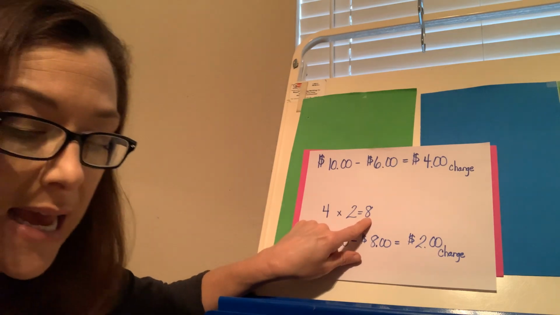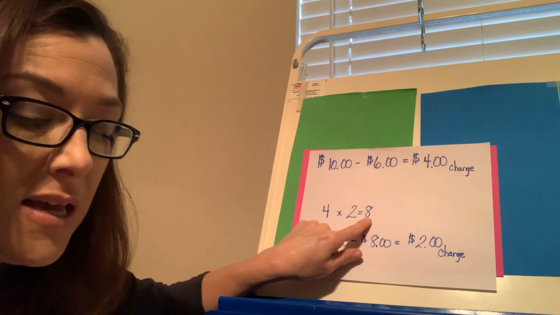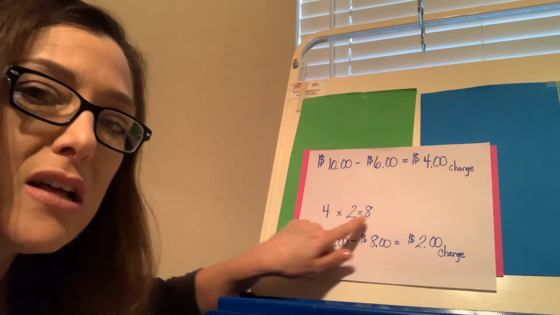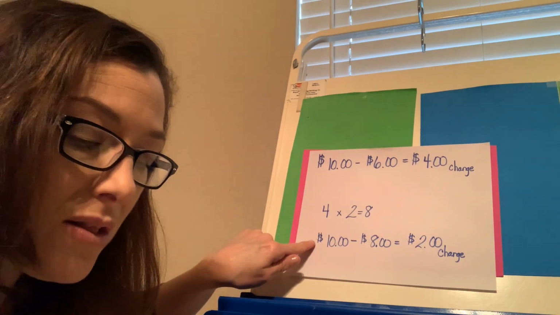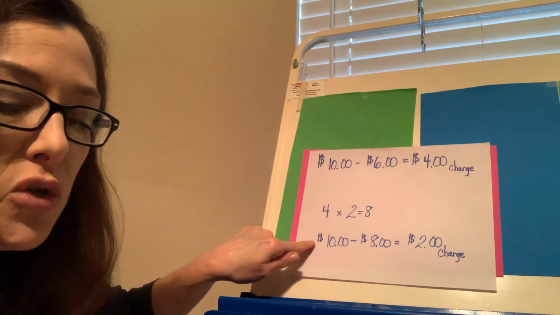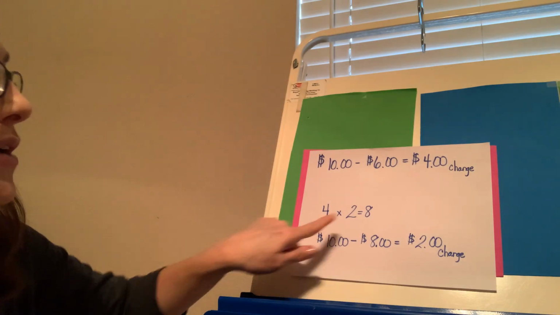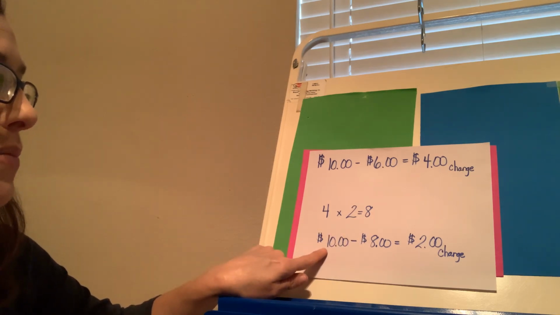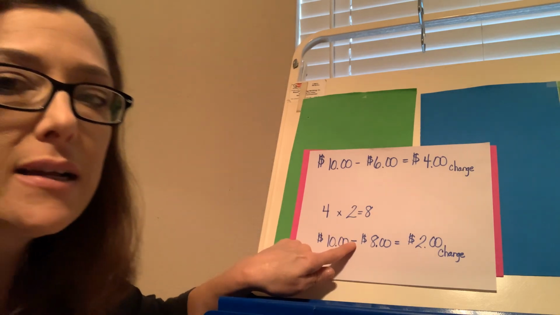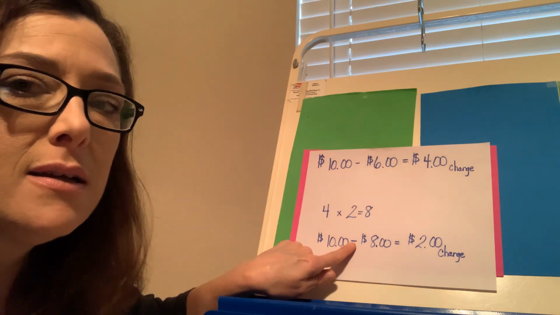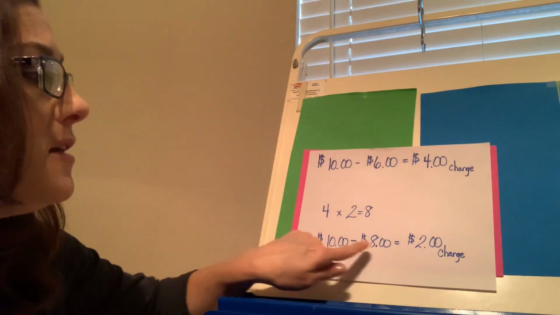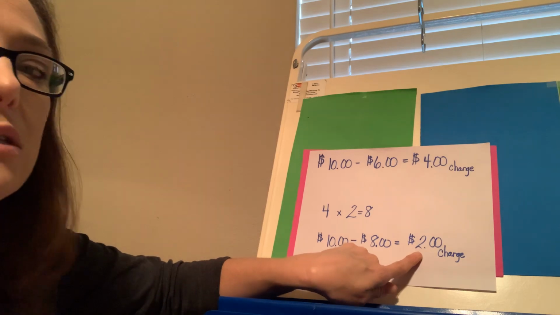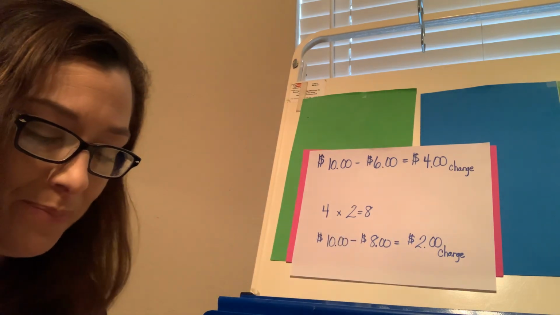So she needs $8, doesn't she? If Emily gives the clerk a $10 bill, how much change will she get back? So if it cost her $8, but she pays with a $10 bill, we're going to subtract to find the difference. So we say $10 minus $8 equals $2.